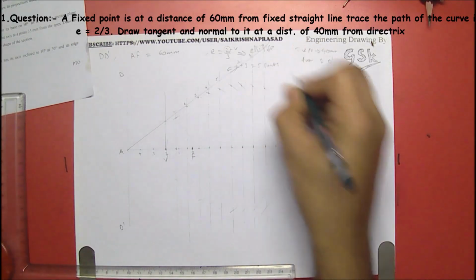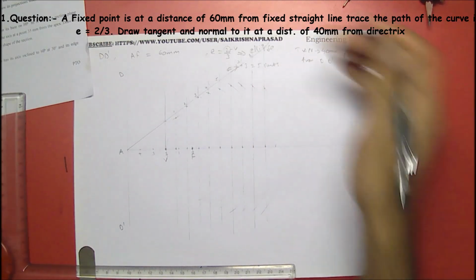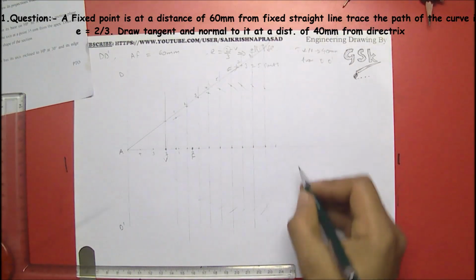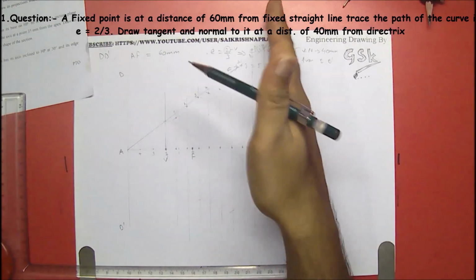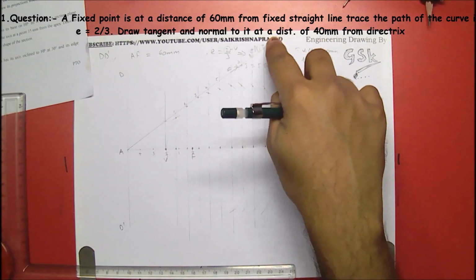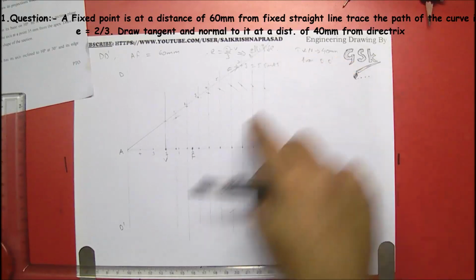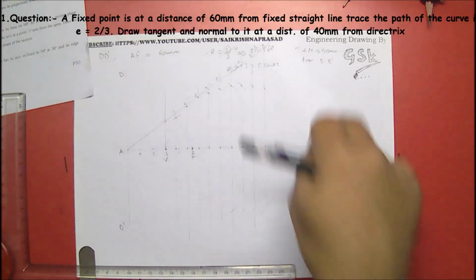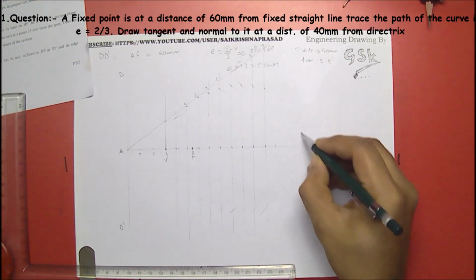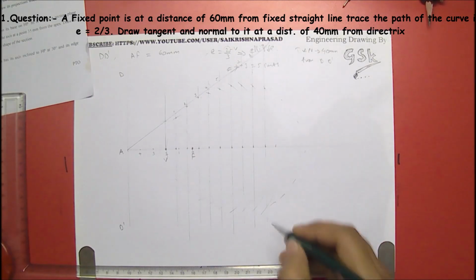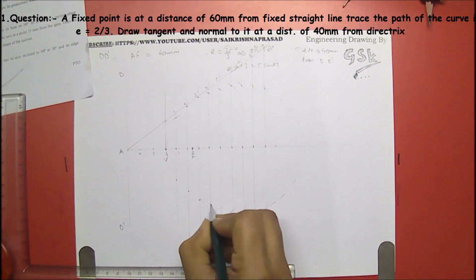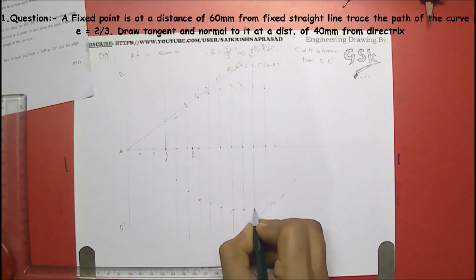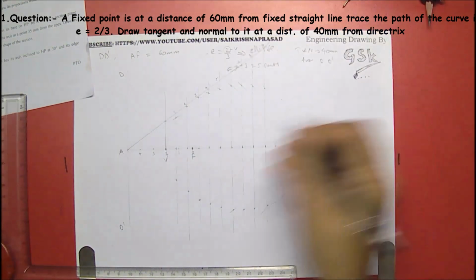You can get the points here also, but because of time, I am not drawing all the lines, but the method is the same. Perpendicular lines cut the array, and from the array you measure the distance, keep it on F and draw arcs. You will be getting it like this. So join these points, right?